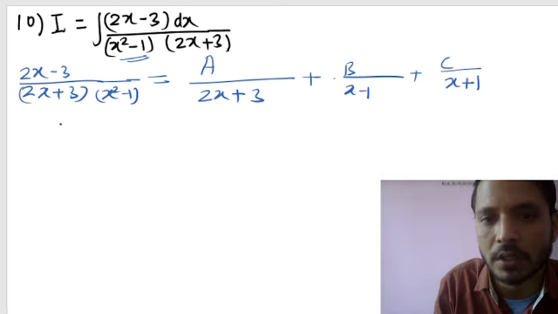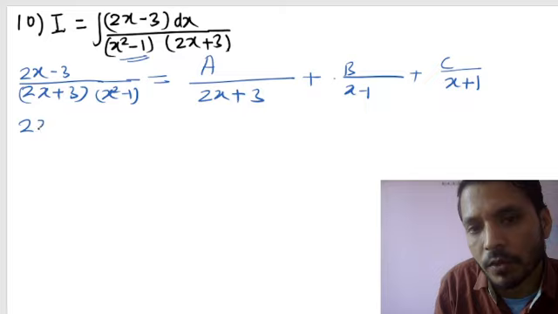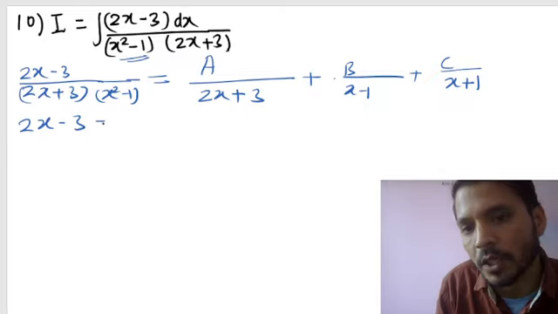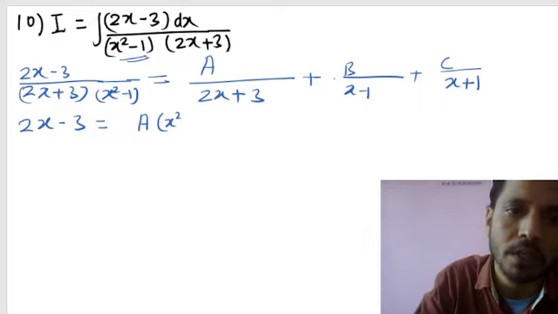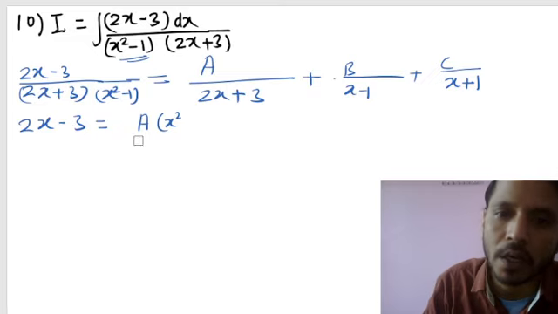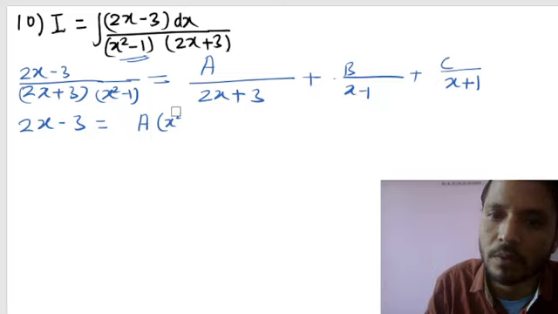So take the LCM. That means the remaining will be 2x minus 3. The denominator part we are cancelling on both sides. So here a into x square minus 1, or just write x only. If we are writing x, it will become x minus 1.